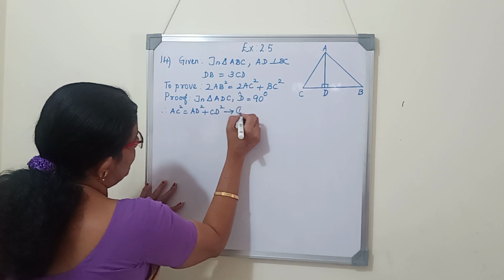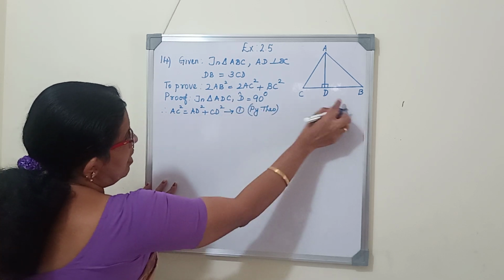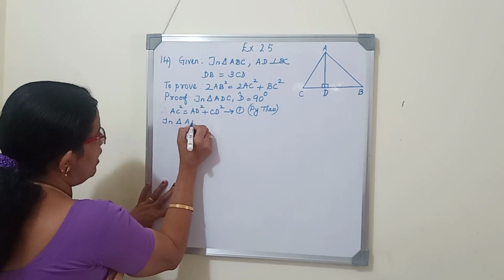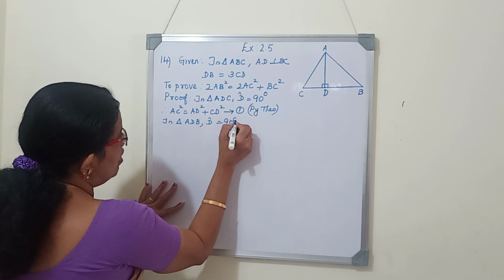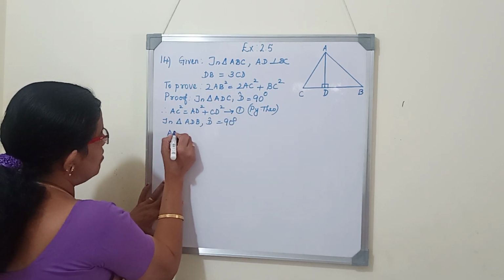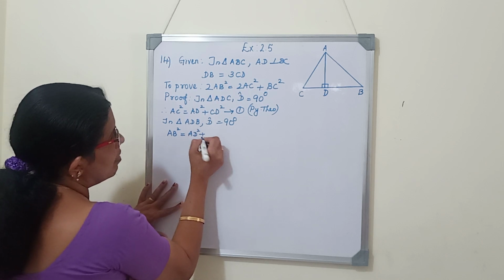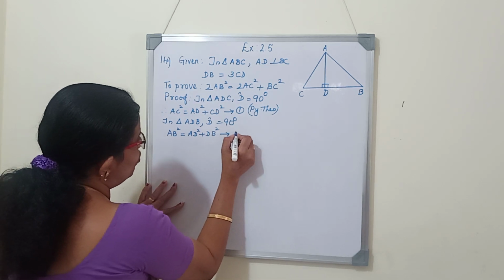Equation 1. Next triangle is ADB. In triangle ADB, angle D is equal to 90 degrees. AB square equals AD square plus DB square. Equation 2.